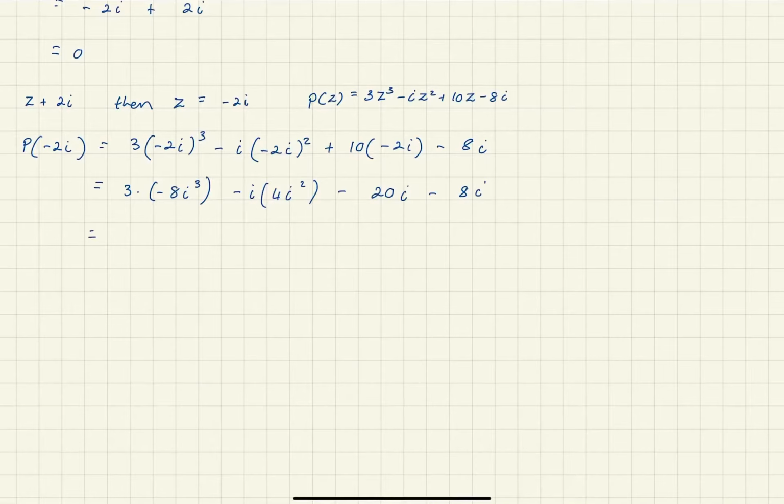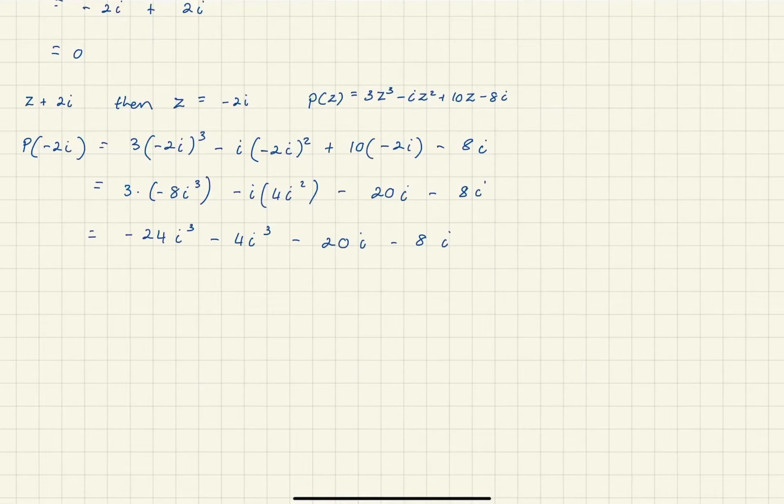Right, what is that equal to? This is equal to 3 times 8 is negative 24 i cubed minus 4i cubed minus 20i minus 8i.